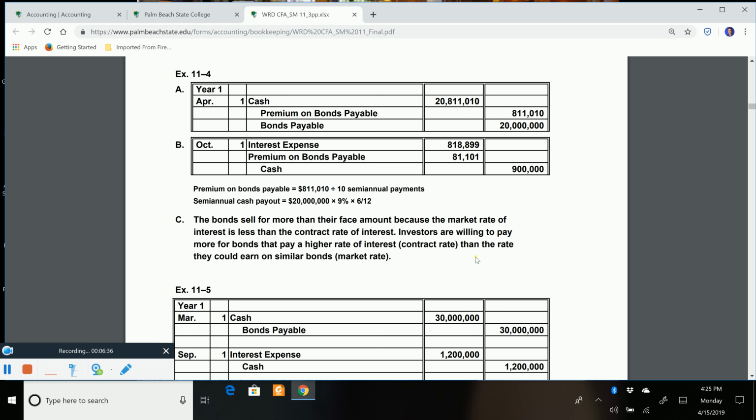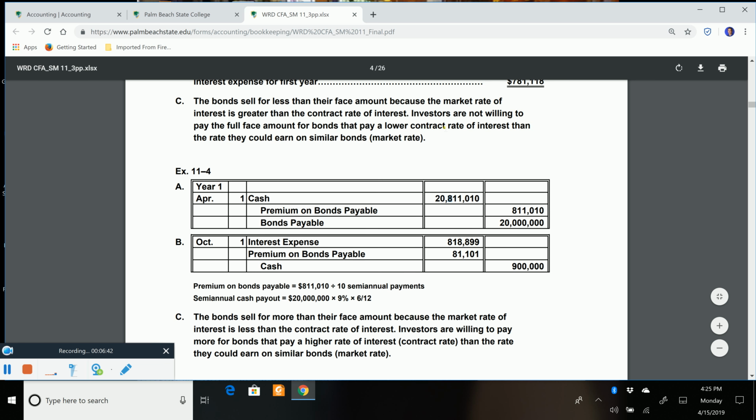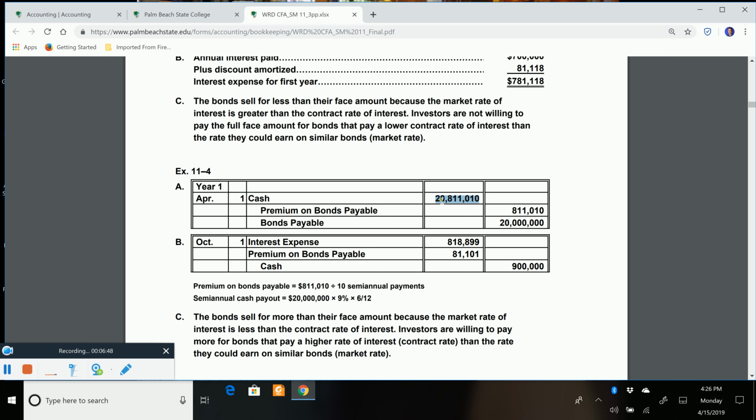So the amount of cash we received, as the author says here, is $20,811,010. Now, the liability is not that full amount. At the end of the bond term, we only have to pay back the face amount, or $20 million. So we will credit bond payable for $20 million.